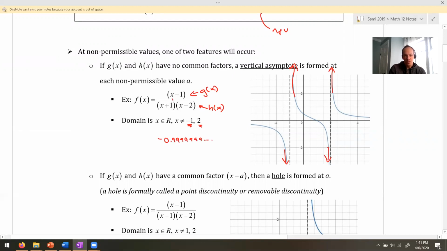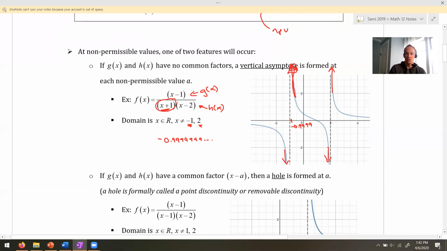If we put that in right here, what would the value of this guy be? It wouldn't be equal to 0, but it would be equal to something really close to 0. And if you divide by something really close to 0, you're going to get something really close to infinity. So when x is just to the right of this, at -0.99999, you're essentially dividing by the smallest number possible, and the graph is going to get humongous.